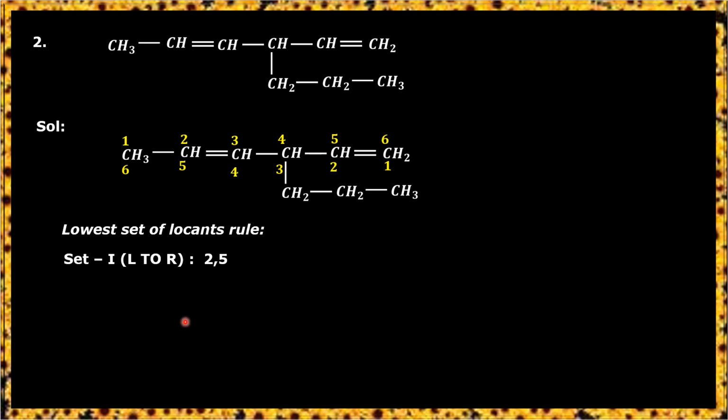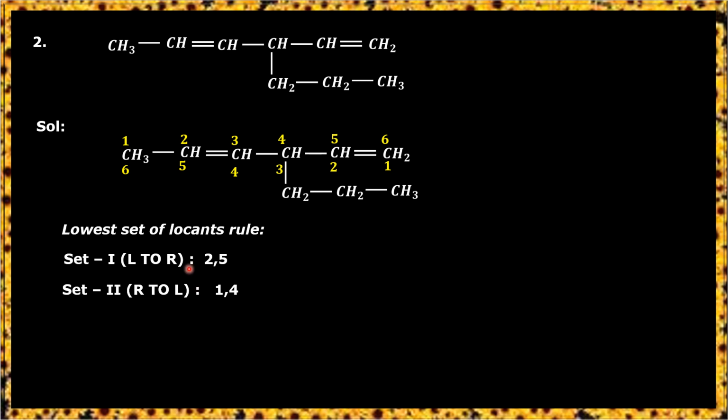If numbering is done from left to right, the second carbon atom and fifth carbon atom are attached to double bonds, so 2, 5 are the locants. From right to left, 1 and 4 are the locants. That is, the first carbon atom and the fourth carbon atom have double bonds.